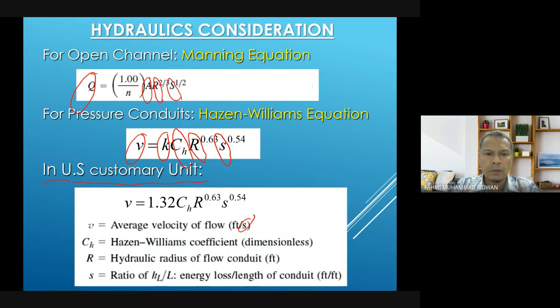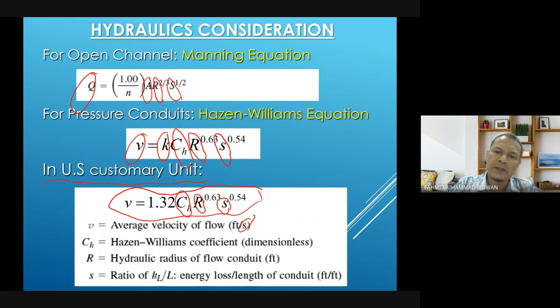So the equation is like this. V equals 1.32 multiplied by CH, where CH is the Hazen-Williams constant, multiplied by R to the power 0.63, and then multiplied by S to the power 0.54.